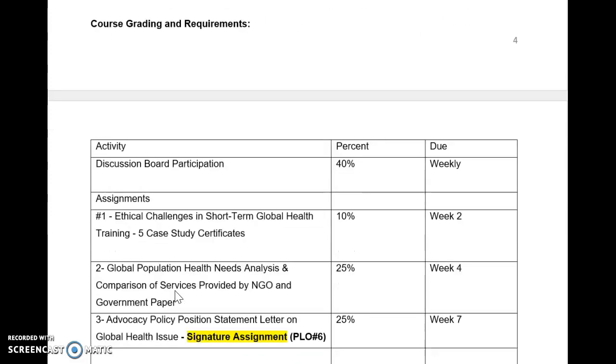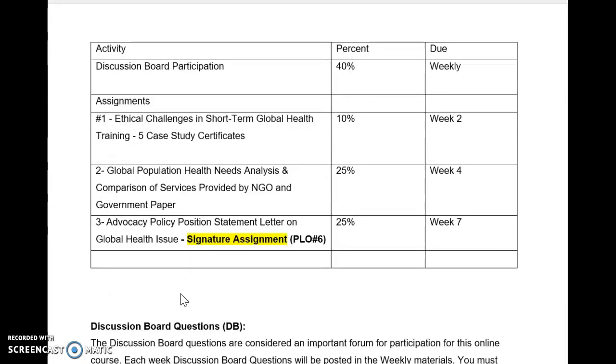Your first assignment is ethical challenges in short-term global health training, which is 5 case study certificates, really interesting reading. Your second assignment is global population health needs analysis and comparison of services provided, and also a government paper, which is 25%.